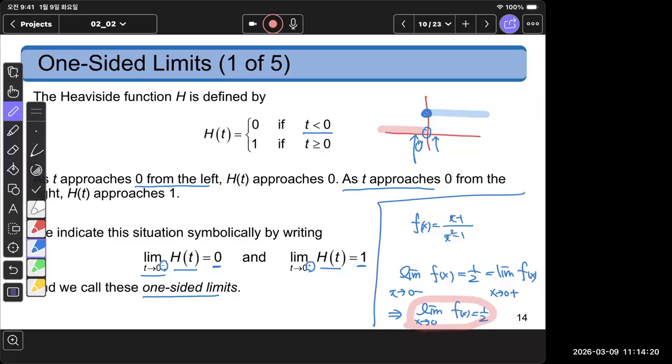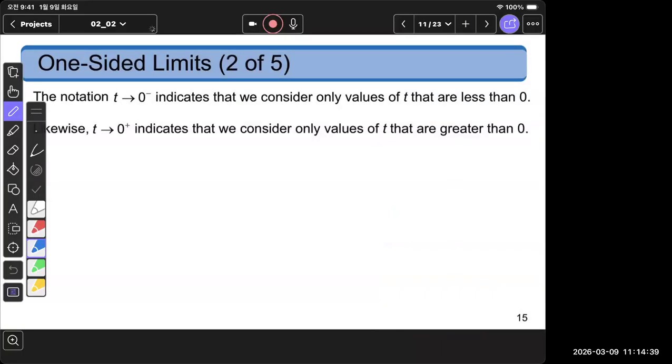But in h of t, depending on how t approaches 0, the limit values are different. And in this case, we need to introduce these one-sided limits. This negative sign indicates that we consider only values of t that are less than 0.